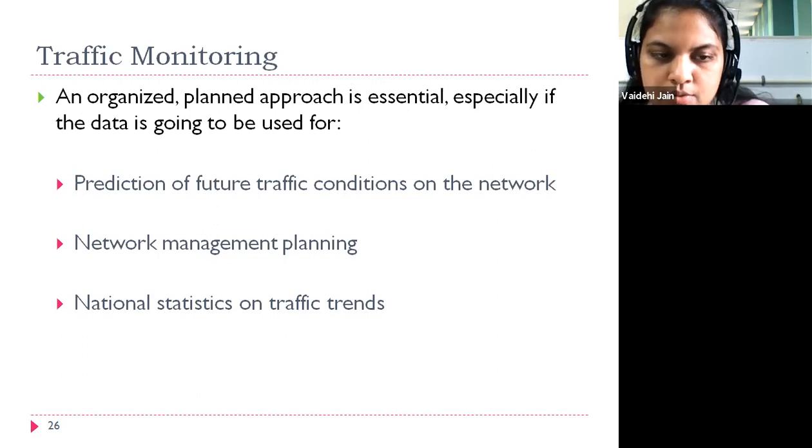It is very important. Otherwise, for network management planning, you cannot predict the future condition of traffic there. Another thing is, if the data is not planned or organized, you cannot provide the route network.